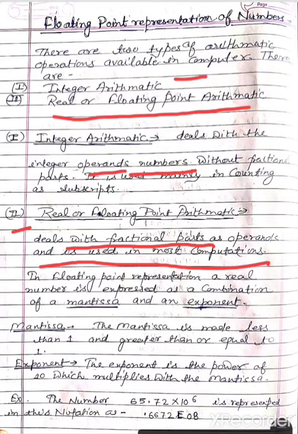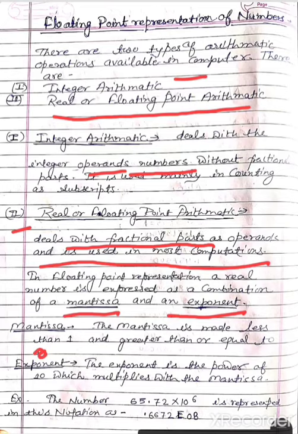In floating point representation, a real number is expressed as a combination of a mantissa and an exponent. The mantissa is made less than 1 and greater than or equal to 0.